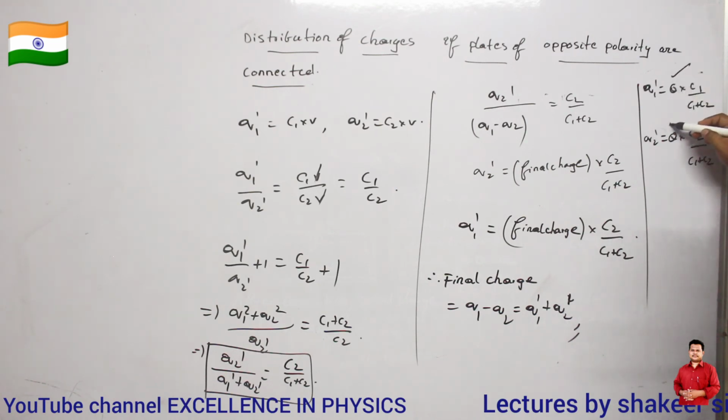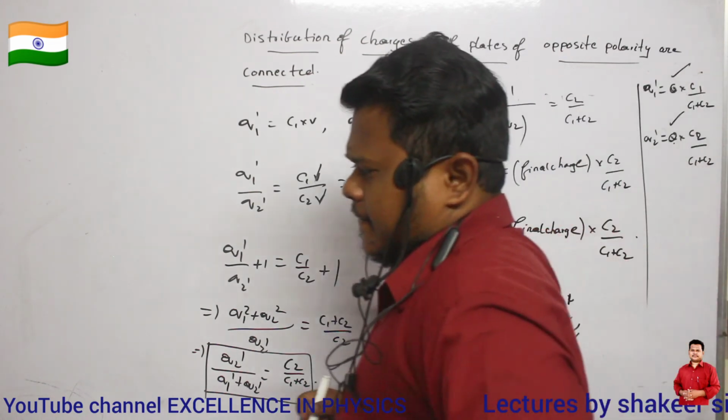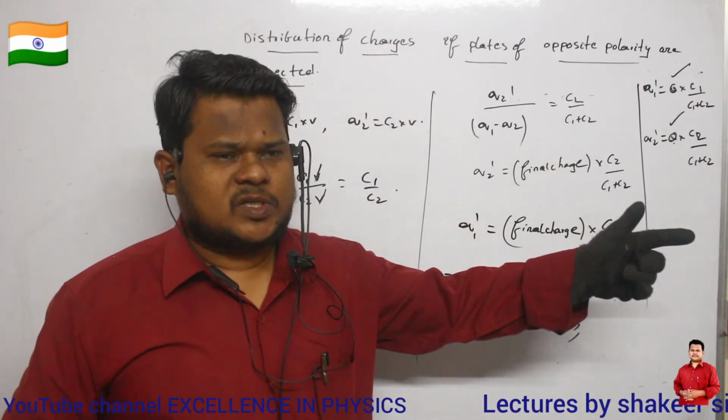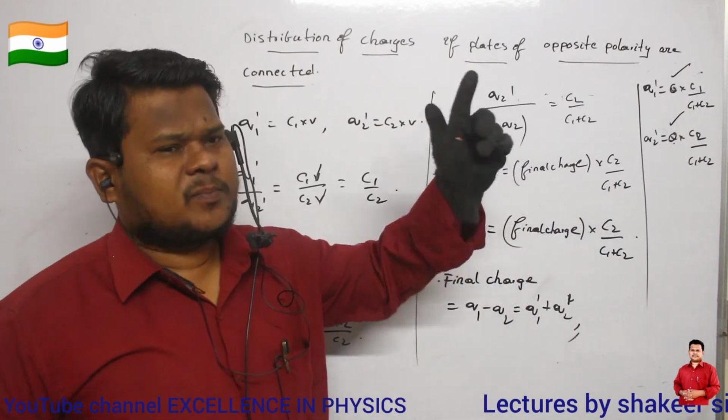Now, what is meant by Q here? These were the equations when positive plate was connected to positive plate. In that case, Q means the total charge, Q1 plus Q2.